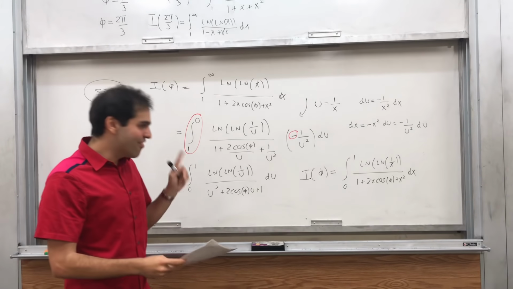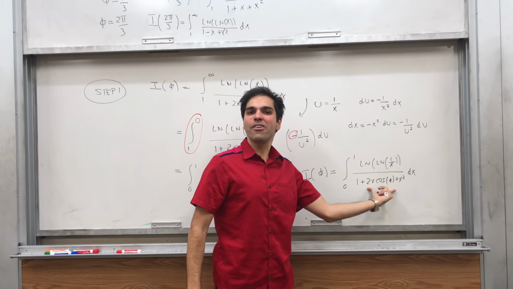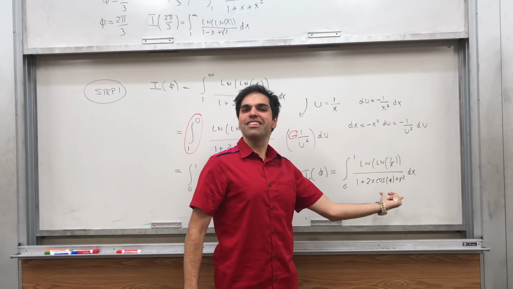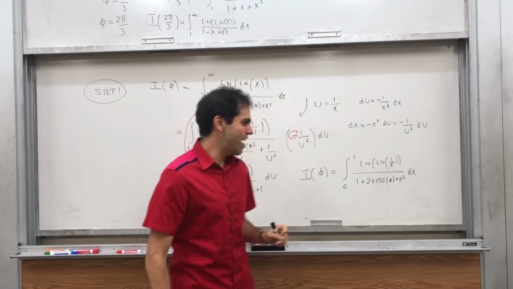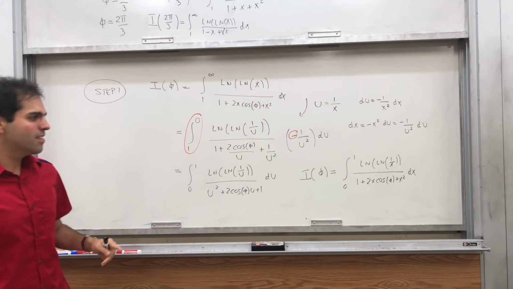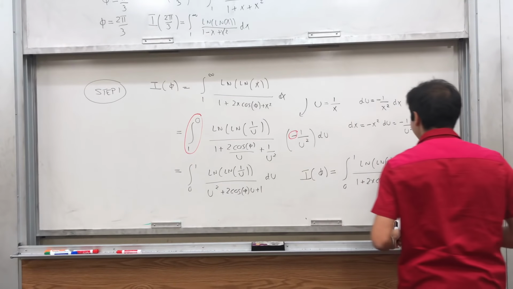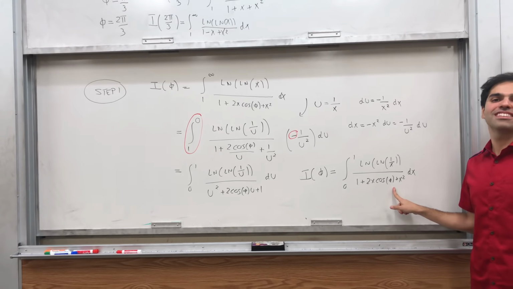Alright, and then for the next part, it turns out we would like to use some kind of partial fraction decomposition, but it's a bit weird because we have cosine of phi, and it's not quite obvious how to factor this out. The thing that saves us is actually complex numbers.